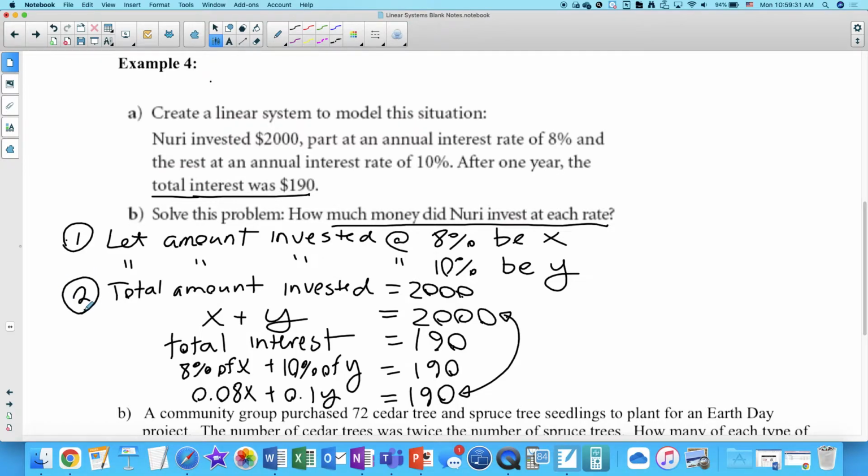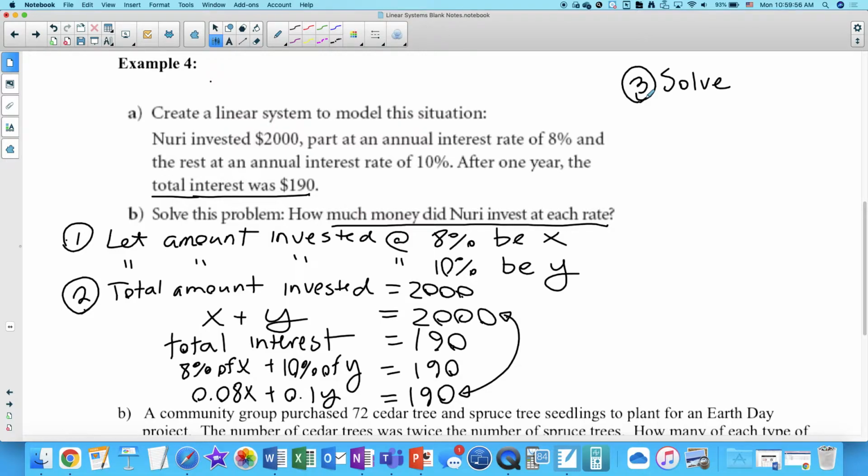In step 3, we have to solve this system. Today, because we're looking at substitution, we're going to use substitution to solve. So in substitution, what do we do first? We have to isolate one variable in one equation.